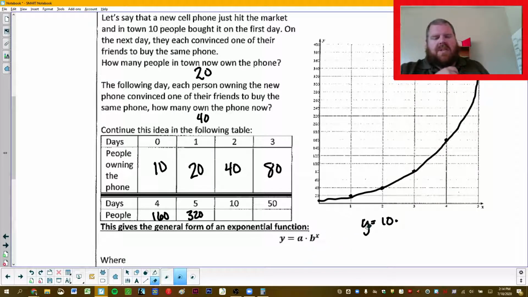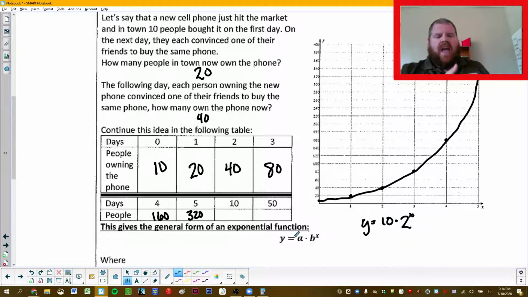and then the b comes from, you can look at it from a couple places. How do I get from 10 to 20? Well, I have to multiply it by 2, and with an exponent of 1 for day 1, this one right here, how do I get 2? Well, that has to be 2 to the x power. What you can think of this b value is it is affecting how fast it's changing, right?